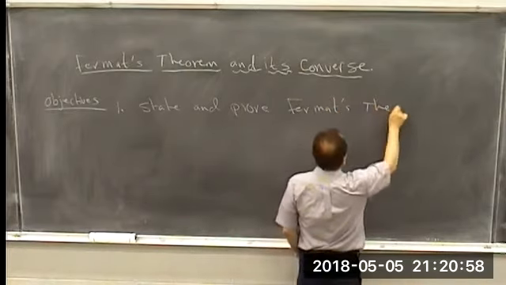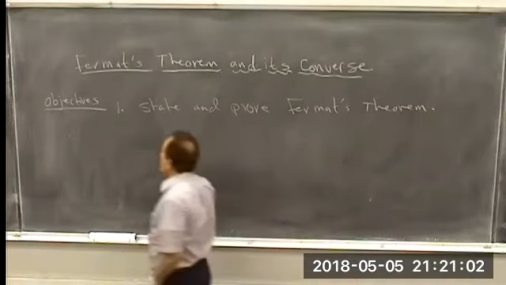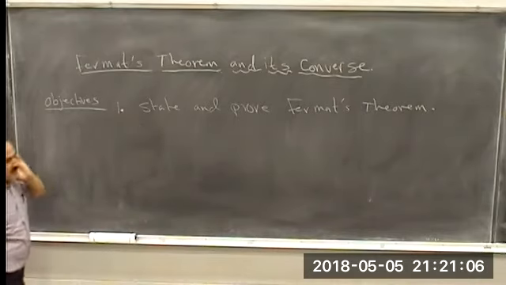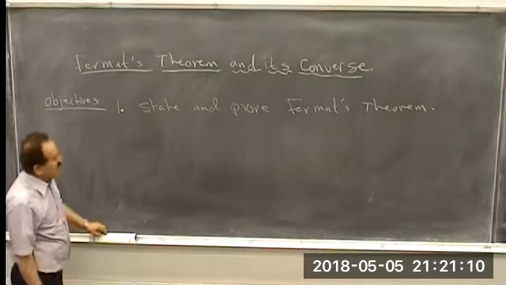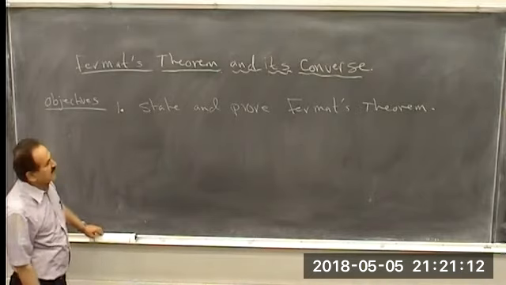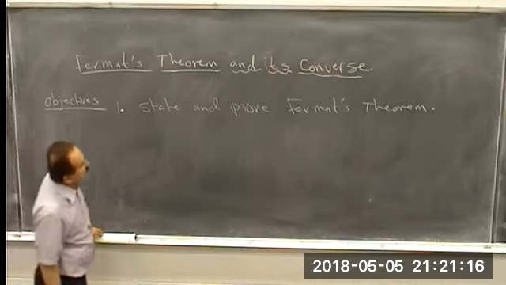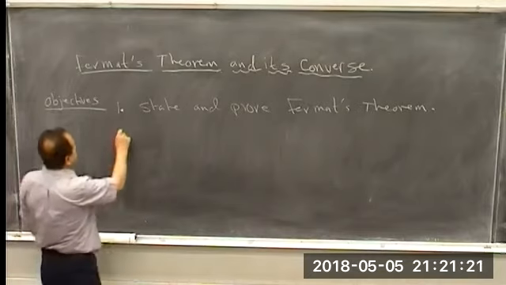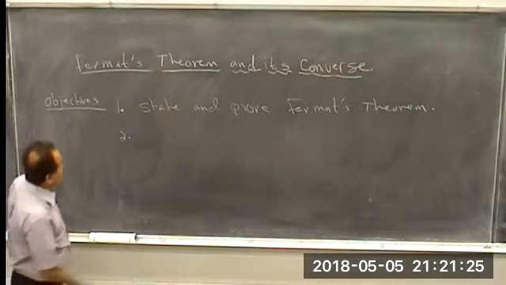In fact, we're going to give two different proofs. One uses the concept of the complete residue system, nice and simple. And there is another proof, the original proof that was given by Euler. I also want to mention a little bit of history about Fermat's theorem. Then second, we're going to look at some examples.